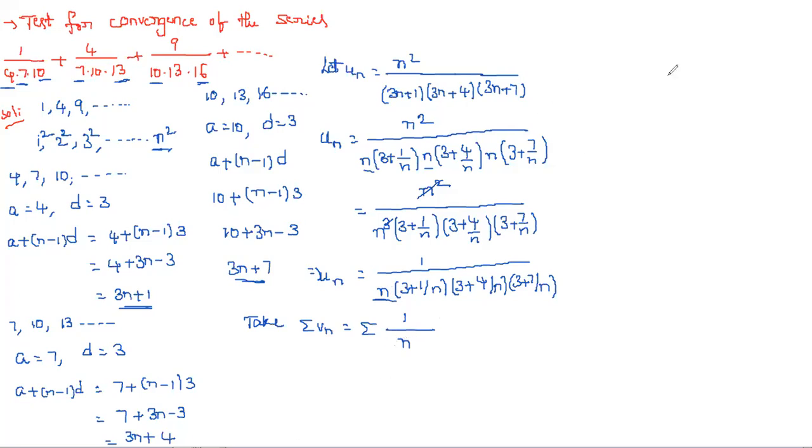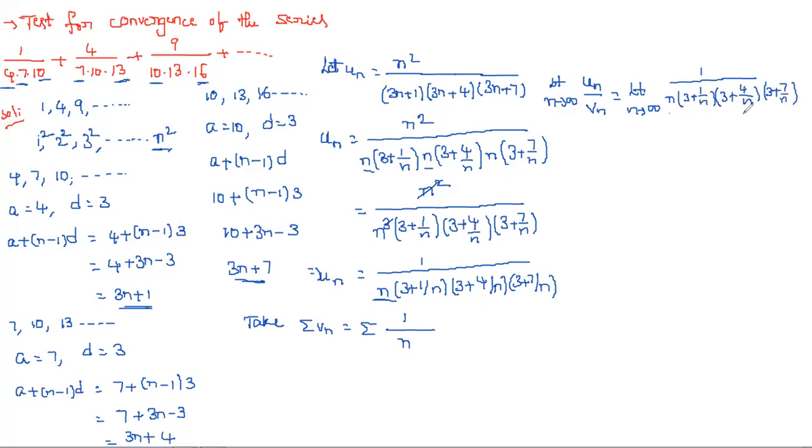Immediately what we have to do? So un by Vn we need to calculate. So limit n tends to infinity, un by Vn is equal to limit n tends to infinity, un is nothing but this total one. Okay, so then 1 by n into (3 plus 1 by n), (3 plus 4 by n), and (3 plus 7 by n).